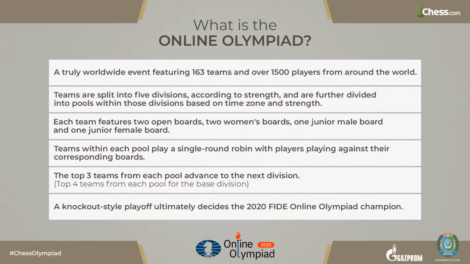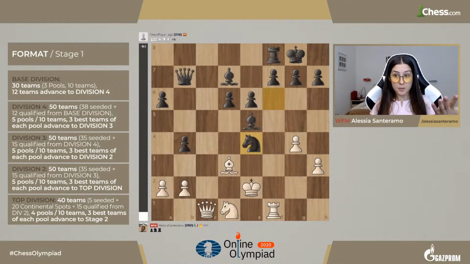As there are 10 teams in each pool, they are going to play 9 games, 3 games per day. So in the next days, we are going to see other 3 rounds. This morning, we saw the first 3 rounds of Pool A of the base division.